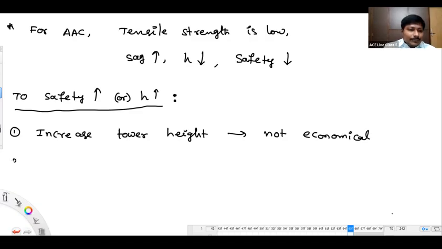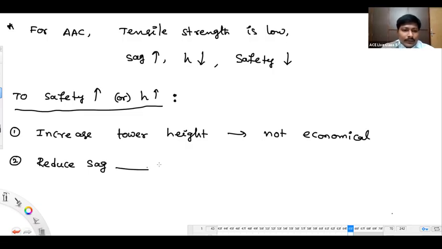Okay, the next method is to reduce the sag. Keep the tower height as it is and minimize the sag, so definitely ground clearance will go high. Then who decides the sag? One is the tensile strength of the conductor.